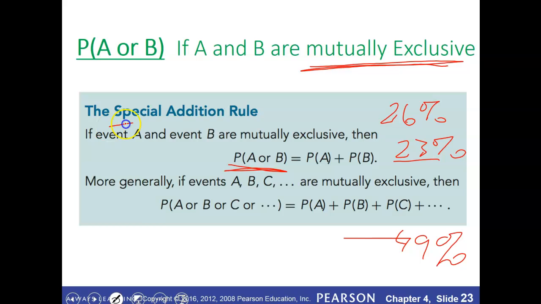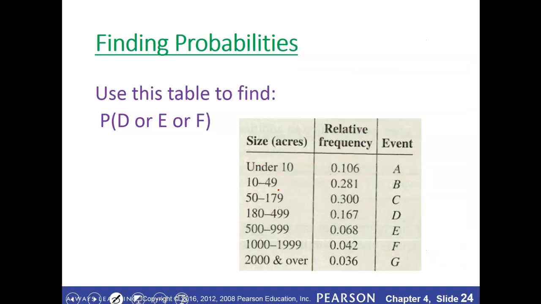So that's a special addition rule. That also works if there are 3 events or more than 3 events. As long as all of the events are mutually exclusive, we would just add those probabilities together. So for example, if we wanted to find the probability of D, E, and F in this situation, we have sizes of farms, and so it could be a farm that's under 10 acres or 10 to 49 acres and so on.